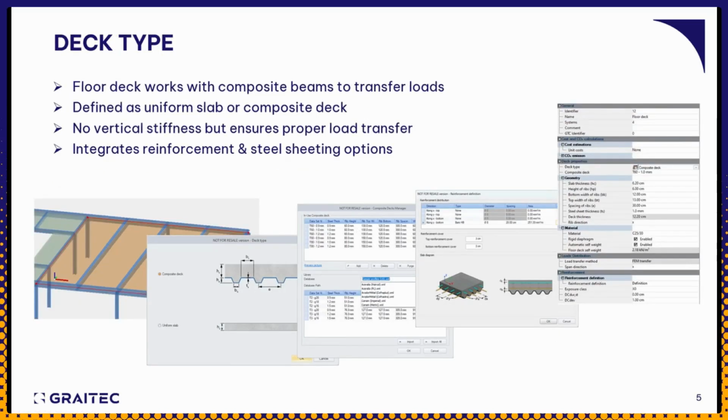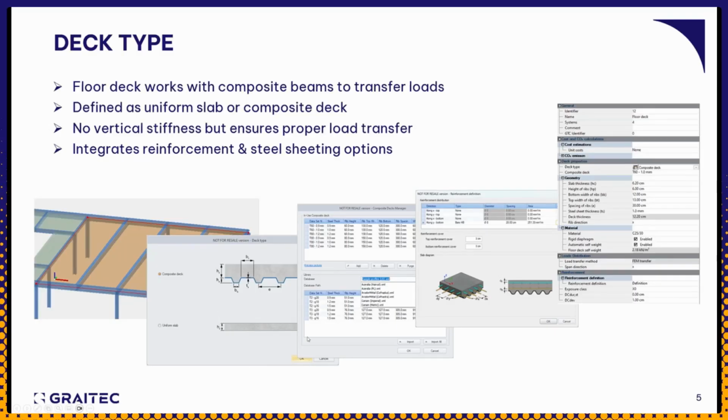So the types of the deck that we can use for this composite action, you can actually use two types. It can be a steel composite deck, as you see here, and also we can use a uniform flat slab to define for our beam. And we have all of the properties regarding both of those elements.